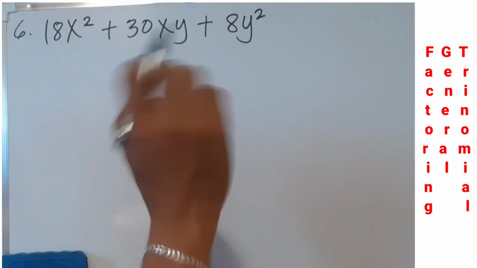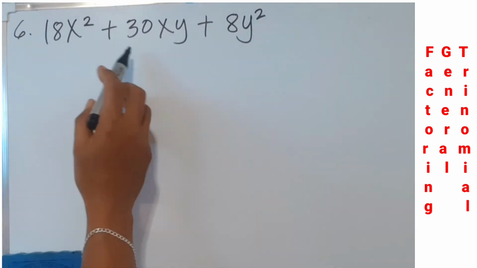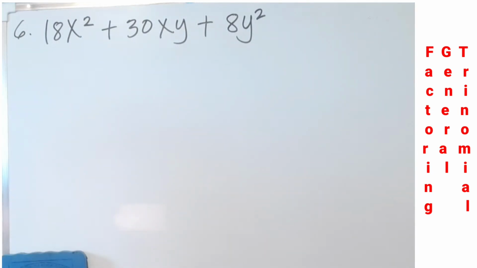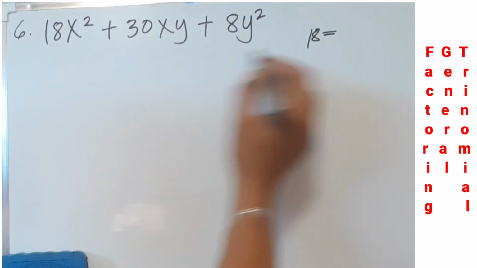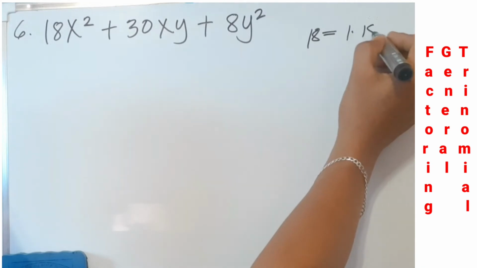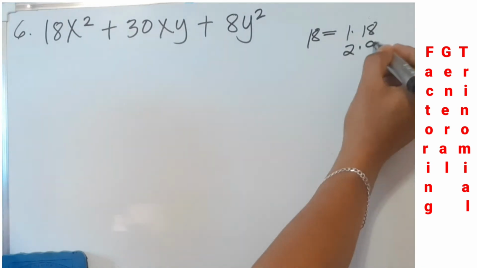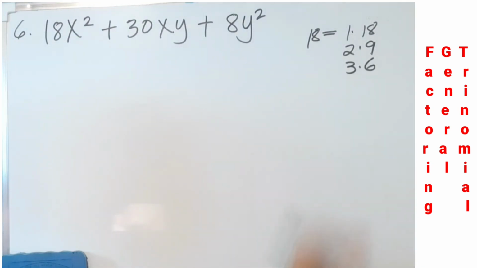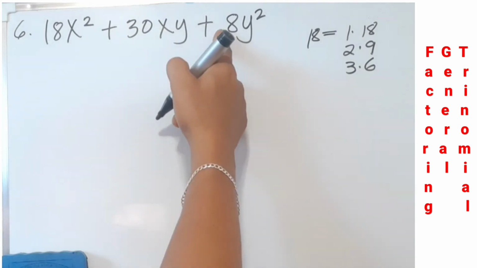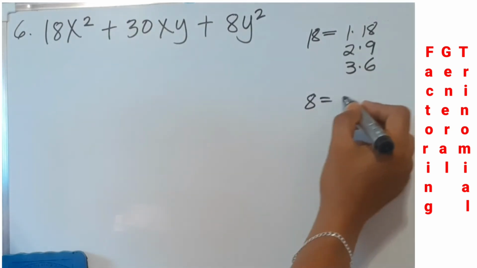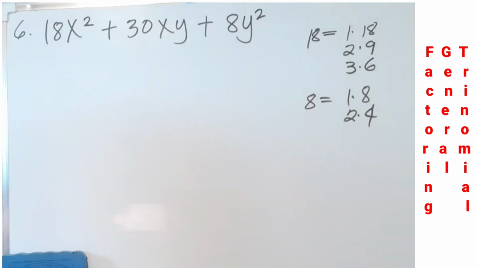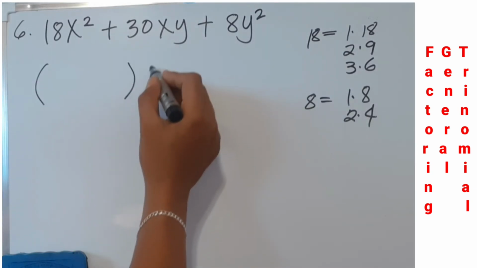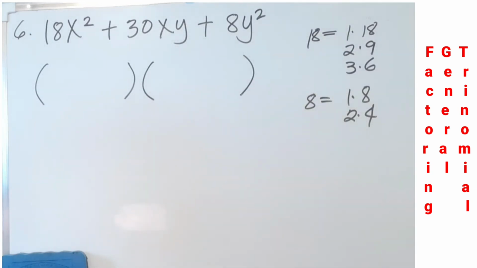Number 6 problem. Factor 18x squared plus 30xy plus 8y squared. Again, let us determine all the possible factors of 18. 1 times 18, 2 times 9, and 3 times 6. The possible factors of 8 are 1 times 8 and 2 times 4. Next, determine the right combination.